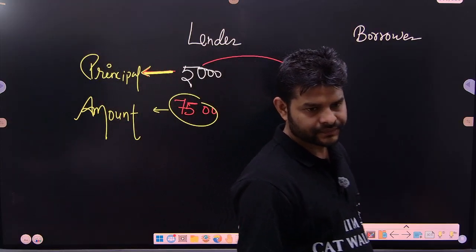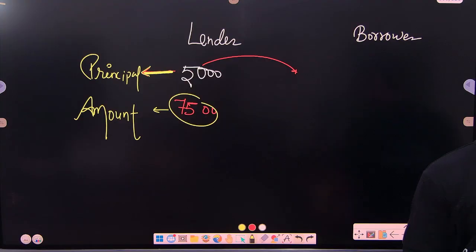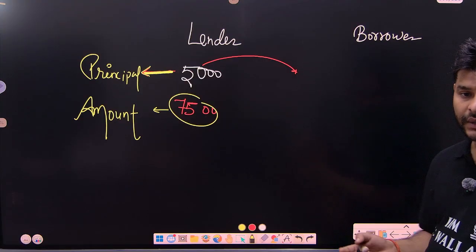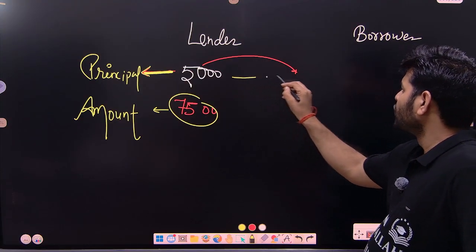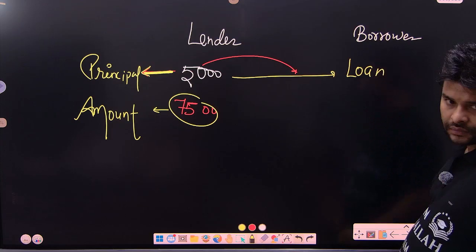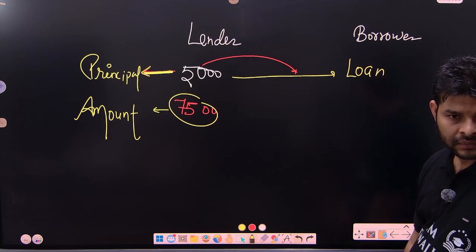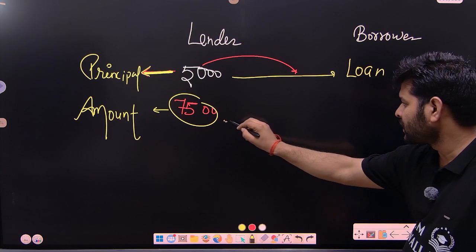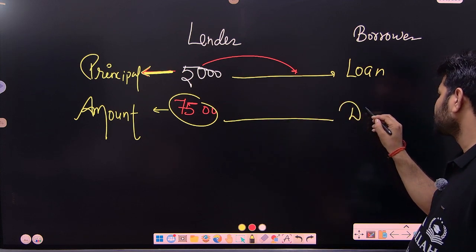Quite clear? But for the borrower, that value would be loan. And for the borrower, that value would be due debt.